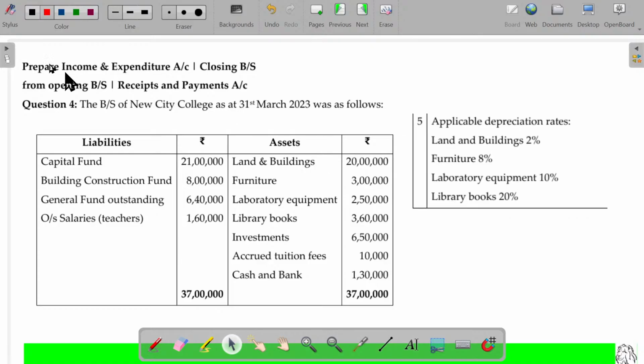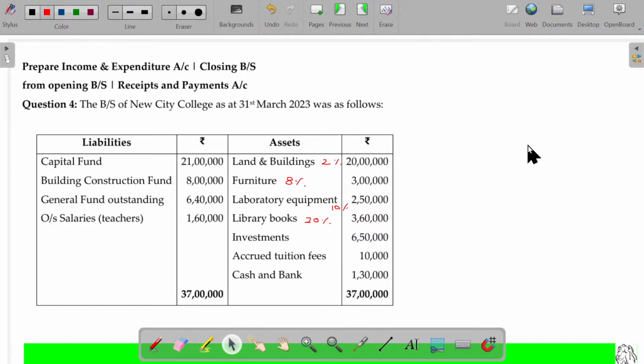Applicable depreciation rate for the land and building 2%, for furniture 8%, for laboratory equipment 10%, for library books 20%. I just marked down. I'm not solving, right? I can solve this later on.